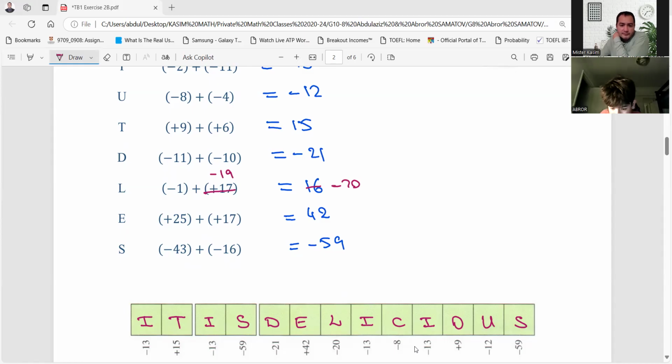Okay, just a second. L should be negative 20, right? I think so. Okay, L. Negative 19.